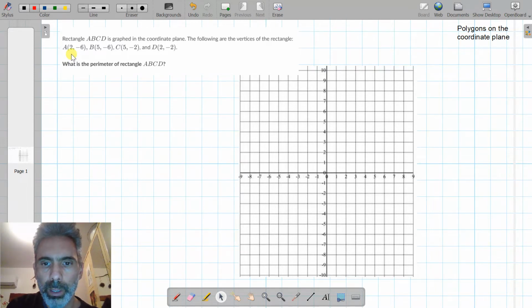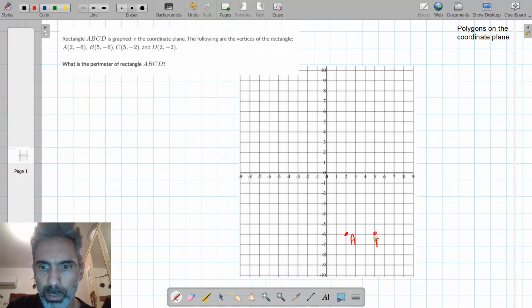Point A has the coordinates of x is 2 and y is -6. So this is point A, 2 and -6. Point B has the x 5 and y -6.